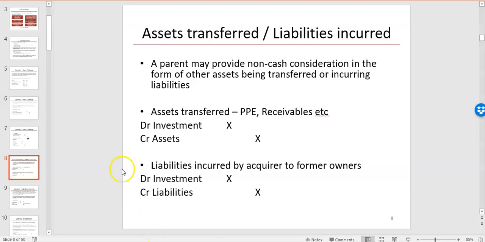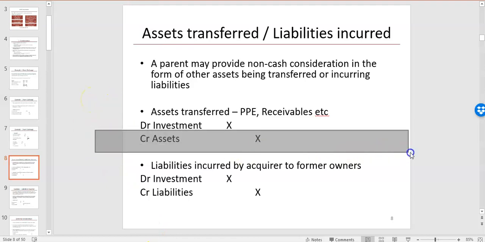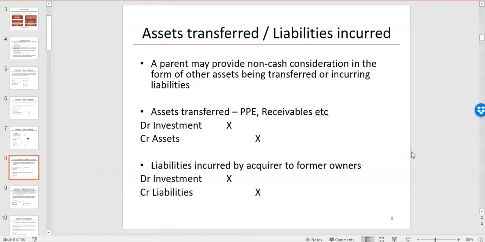Now, just be careful, if that was actually in the real world, if you swapped a property and said, I will give you this property as consideration for an 80% holding in the subsidiary, you may have a profit or loss on disposal of the property. Depending on what market value you attach to that property in the deal, you may have to recognize a gain or loss on disposal. Now, we don't go into that too much here, but it's just to realize that when you're de-recognizing one asset, you may have a profit or loss, particularly if it's property, plant and equipment.